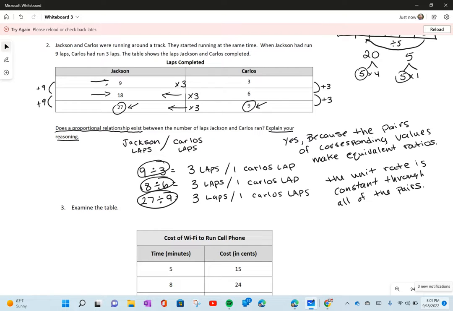Because they're pairs because we're comparing two things with a ratio. So we'll always have a pair, one thing compared to another thing.